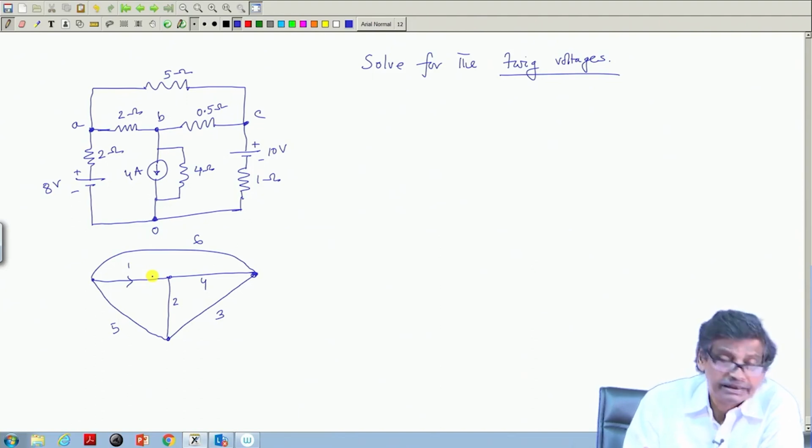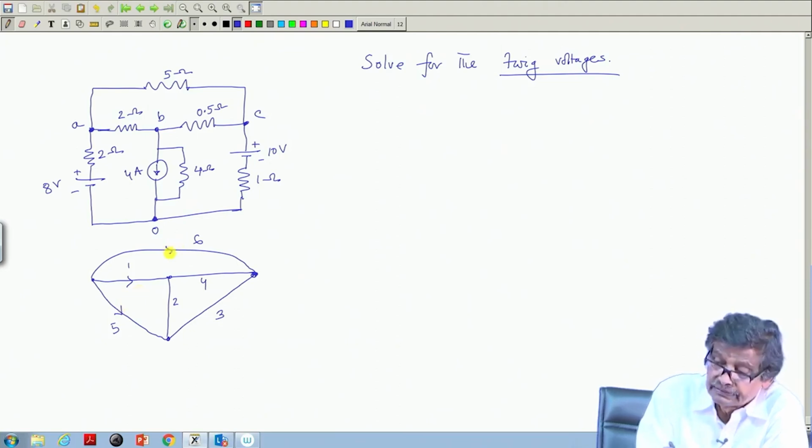Then I have to make a directed graph, that is, we are in effect assuming the direction of the current, which I am allowed to do. So, this is the direction I assume now, this is 6, this is 4 and this is 3.